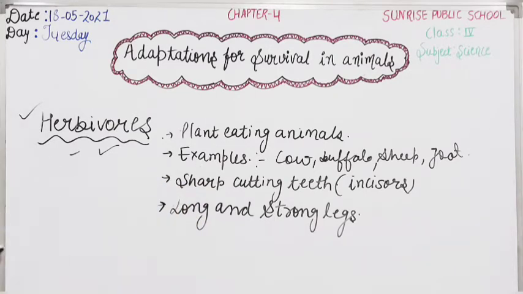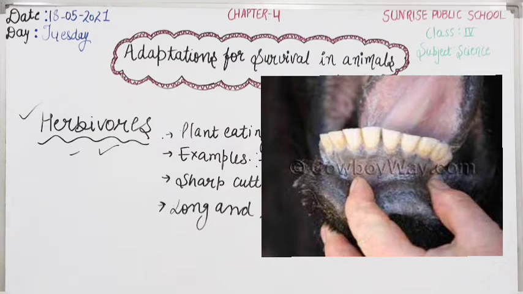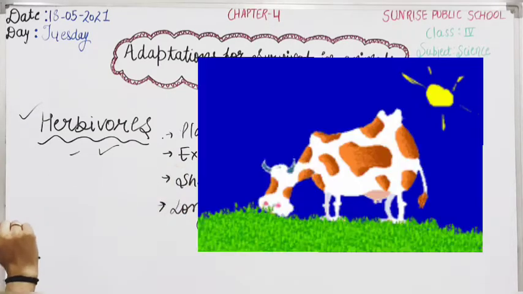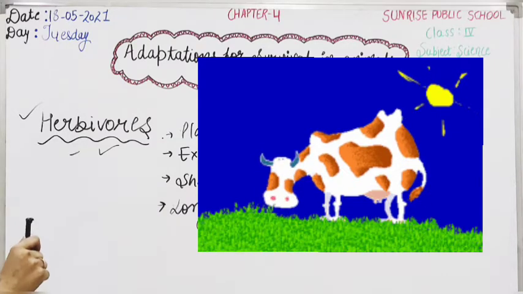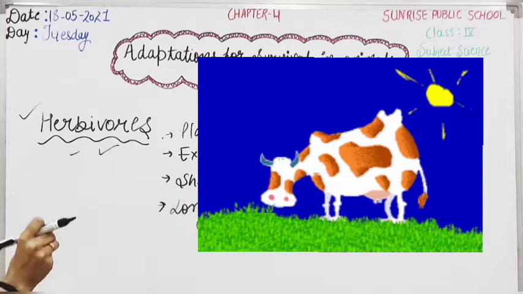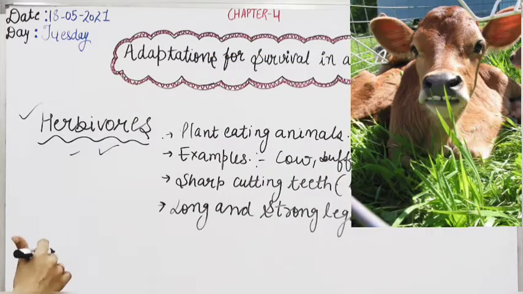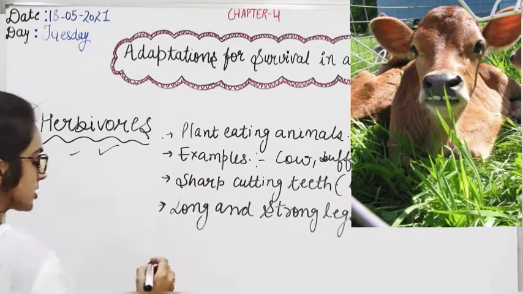Okay, and for this reason they have very sharp cutting teeth called incisors, and they have to chew a lot in order to break down the plant materials into very small pieces. That's why they have strong flat grinding teeth called molars and premolars.